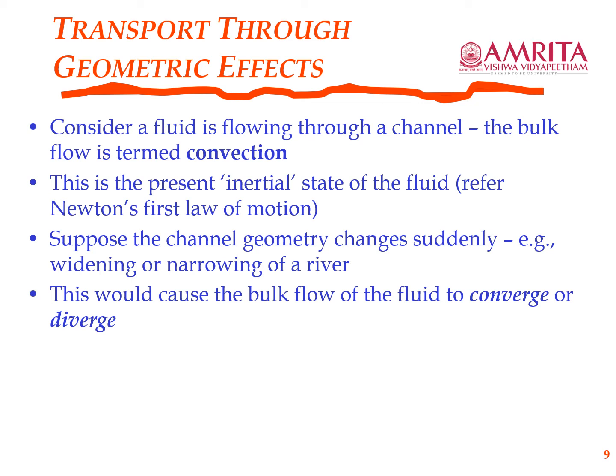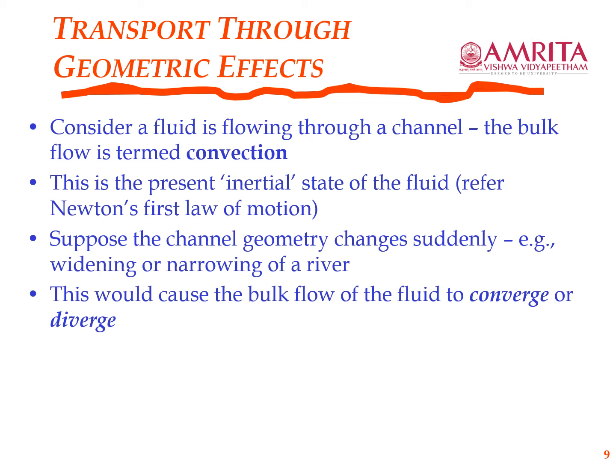So this means that the convective momentum that is being carried in a certain direction, let the flow direction be say x, and now because there is a widening or a narrowing of the channel itself, there is a change in the y coordinates of the boundaries. So if the channel were defined by, say for example, the center of the channel as y equal to 0, and one side is y equal to plus delta, the other side is y equal to minus delta.